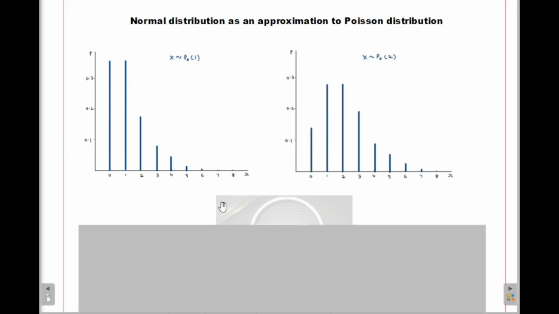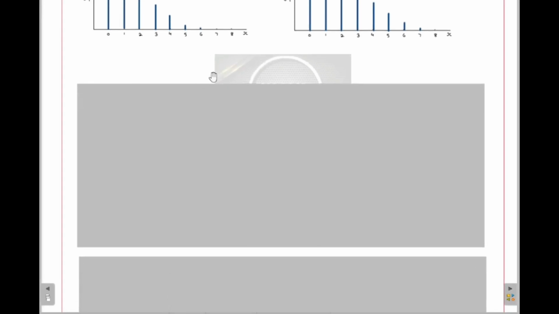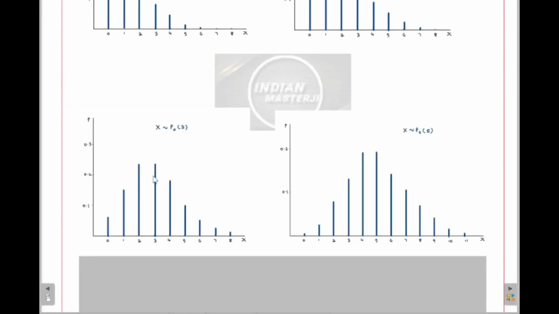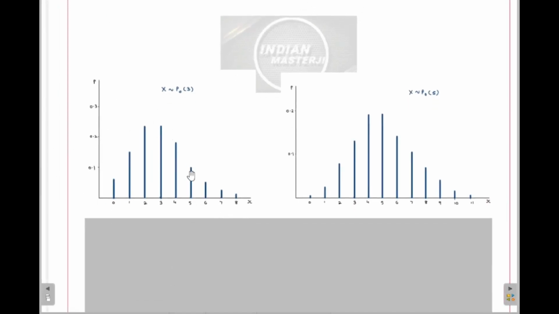Now if I increase lambda further, the probability distribution curve starts becoming more and more symmetrical, for lambda equal to 3 and for lambda equal to 5.